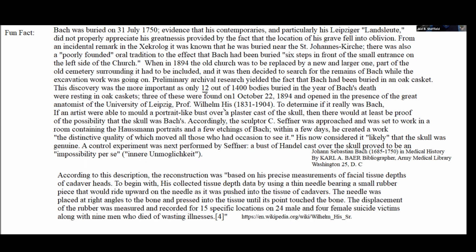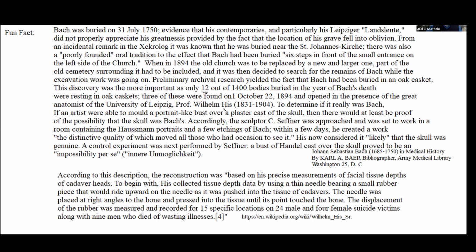Remember, he's very interested in three-dimensional structure. He said, supposing we have an artist that could take some data that we have and try to construct the face of Sebastian Bach from the skull and see if it looked like him.